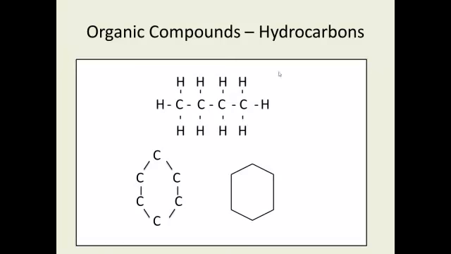So you'll notice with each of these hydrogens, there's only 1 line going from each H. 4 from carbon, 1 from hydrogen. Now oxygen can form 2 bonds, so you're going to see just 2 lines coming from oxygen. Nitrogen can form 3. Sulfur can form 2, phosphorus can form 5.